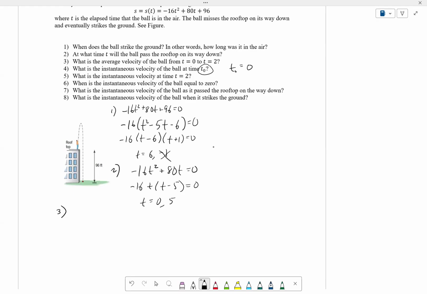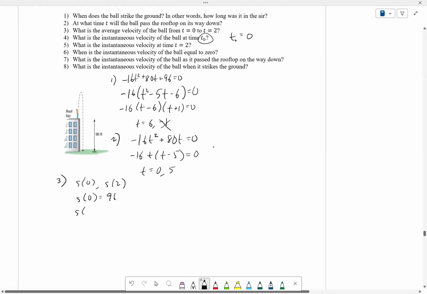Well, we'll see where it began. We need to know S of 0 and S of 2, don't we? This is asking for from t of 0 to t of 2. So I think that S of 0 is equal to 96. Did I get that right? And S of 2, should I use synthetic substitution?